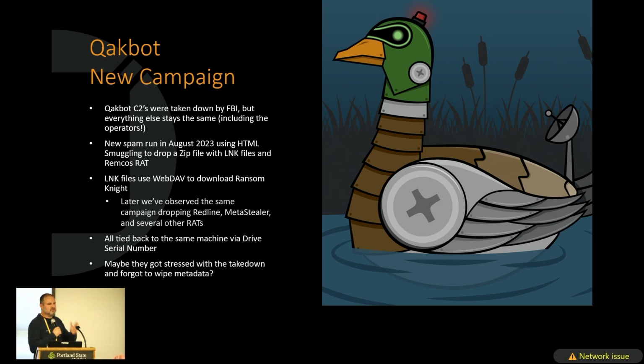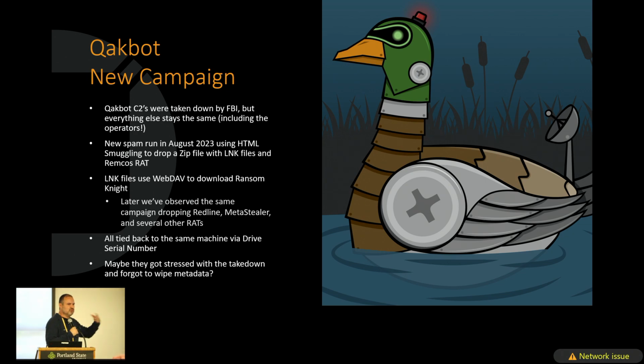This link file points to a WebDAV resource that downloads the other malware that I mentioned. Besides RansomNight and Darkgate, they are also downloading Redline and MetaStealer, which are two information stealers. So my theory is that QuackBot, or the guys behind this campaign, are trying to rebuild their victim network. They are trying to collect information from victims.